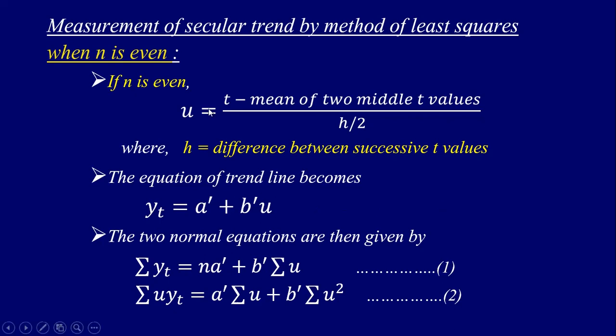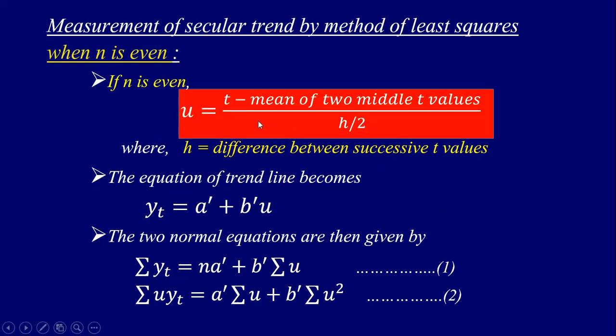The most important thing to remember is, if n is even, where n is number of observations, u is equal to t minus mean of two middle t values upon h by 2. Remember these two changes: the mean of two middle t values, and the denominator is not h, it is h by 2, where h is the difference between successive t values.